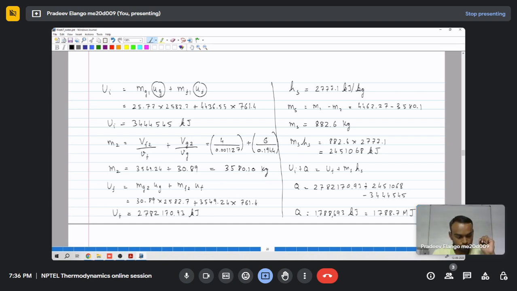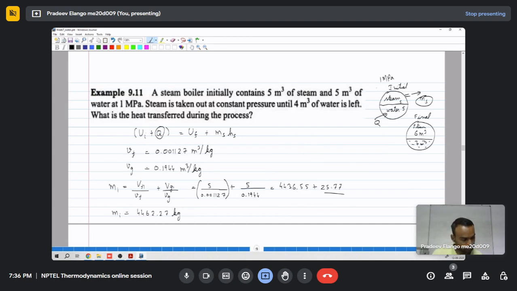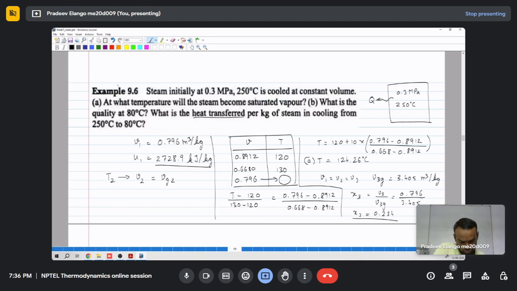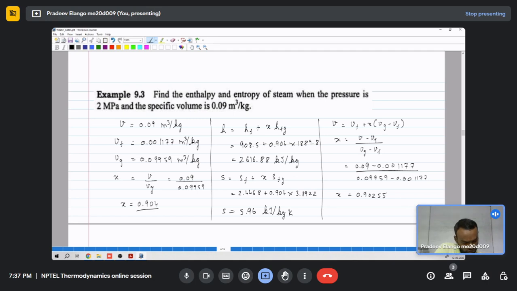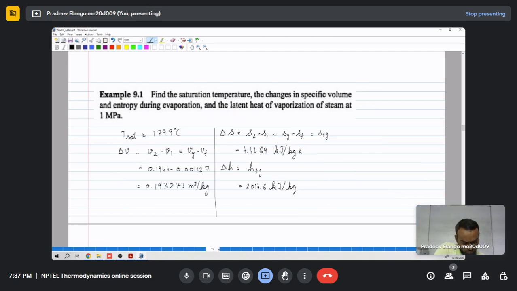Yes, sir. At the starting, sir, why are we going like this, sir? UI plus Q equal to UF plus ms into hs. Like in the previous problem we used the formula Q equal to m into (UF minus UI).